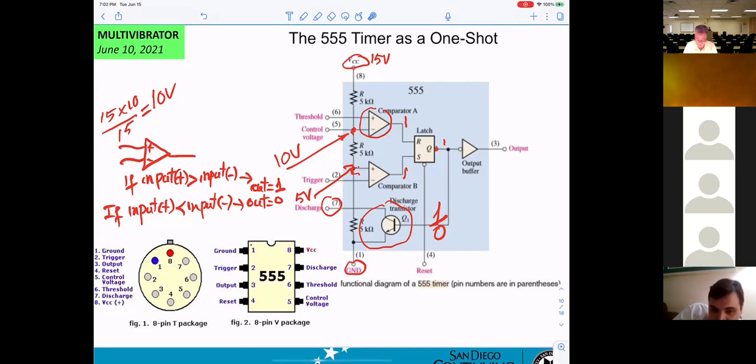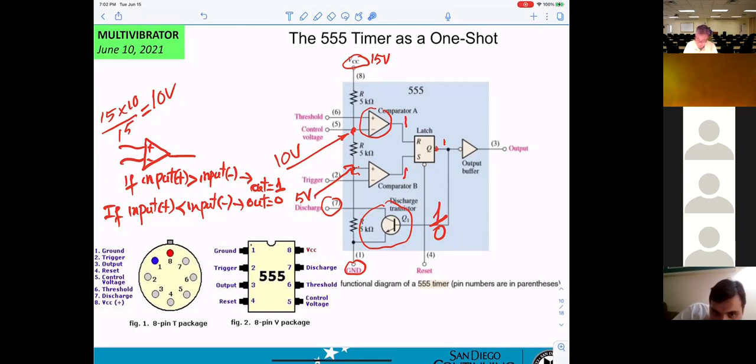Same thing here. Basically, you want to know the output, you have to know input positive and input negative. And that will be go into set or reset flip-flop. Then the output can be 1 or can be 0.